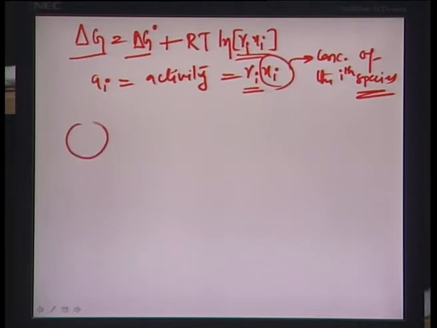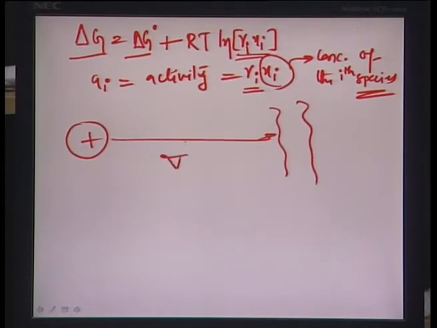So, let us say you have a positive ion here, this is the infinite plane probably, and there is a bunch of counterion clouds surrounding it in all directions.